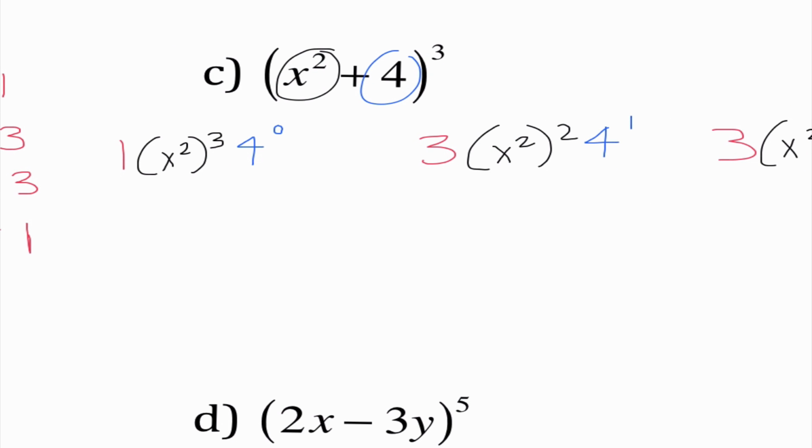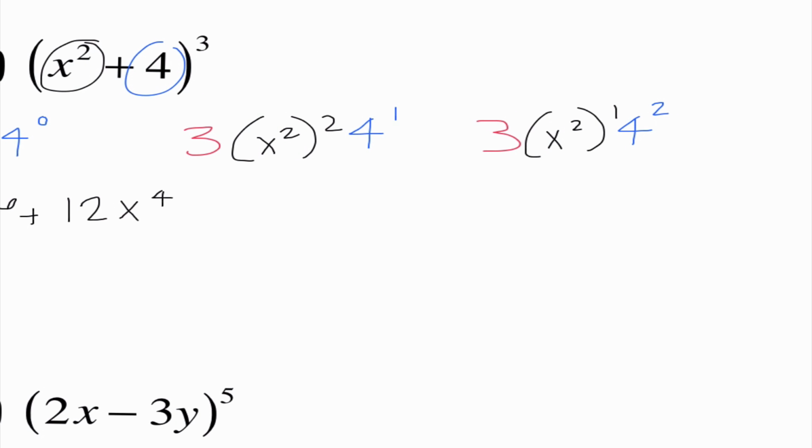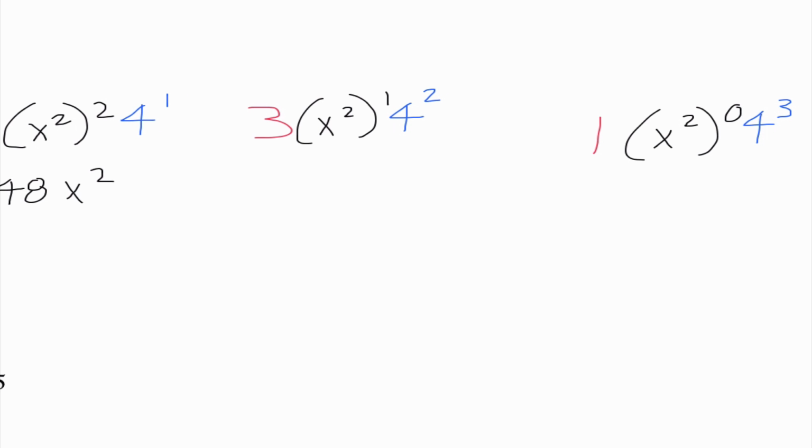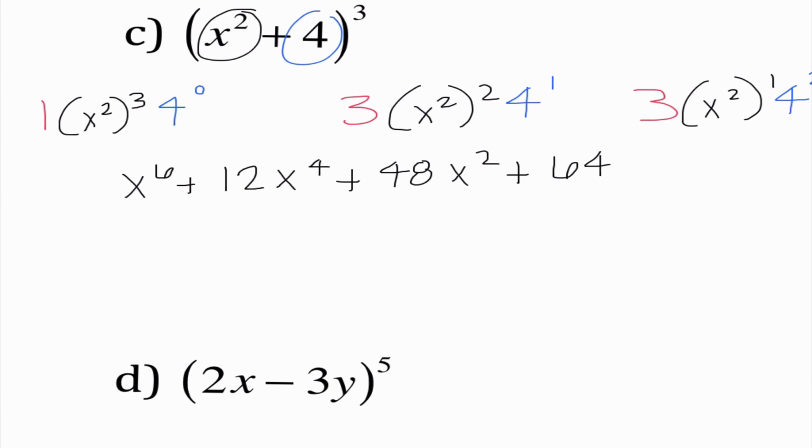So I have x to the 6th plus 12x to the 4th, because when I'm taking an exponent to a power, we multiply, so that's how we got 6. 2 times 2 is 4, plus 3 times 4 squared, 3 times 16 would give me 48x squared, plus 4 cubed is 64. So this would be our answer.